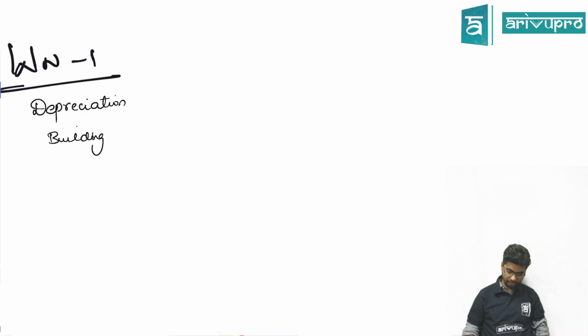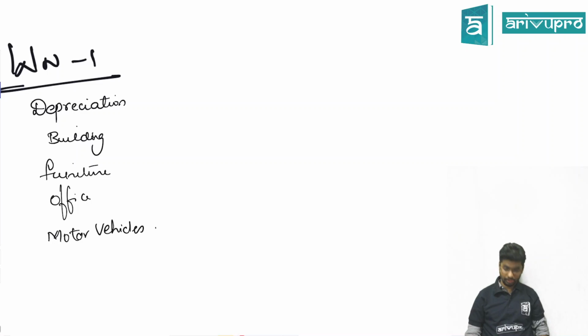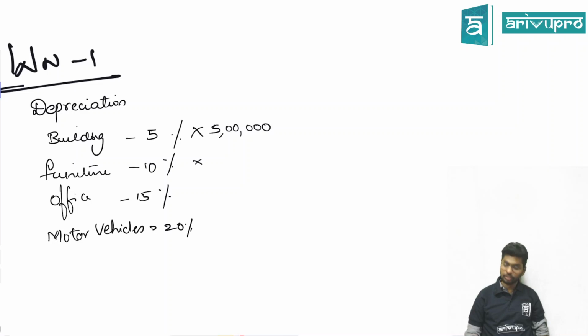Land and building, then office. Have they given you the rates? 5. Furniture, office, motor vehicles.